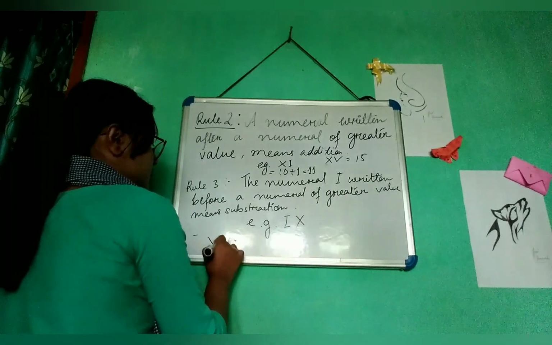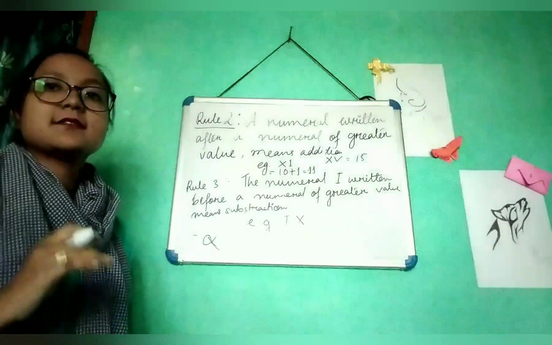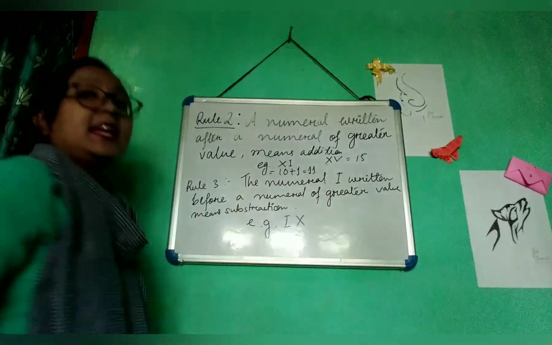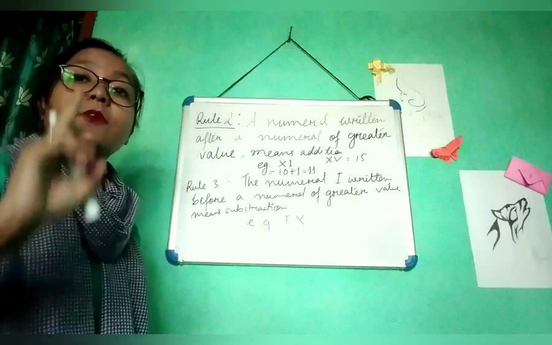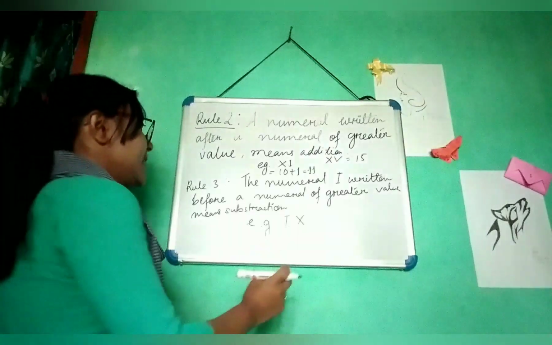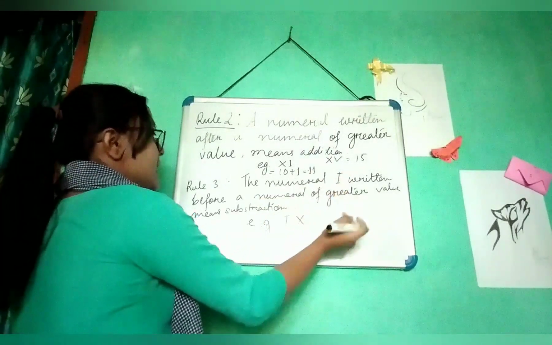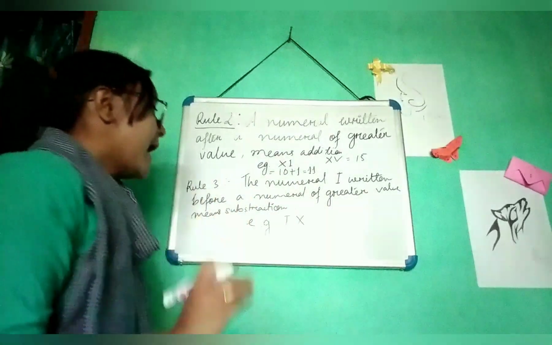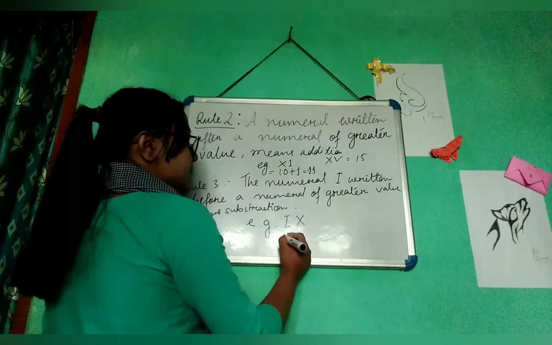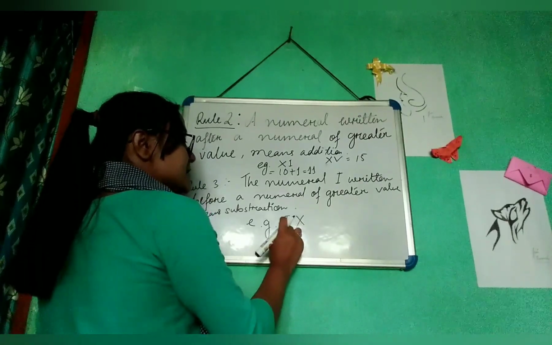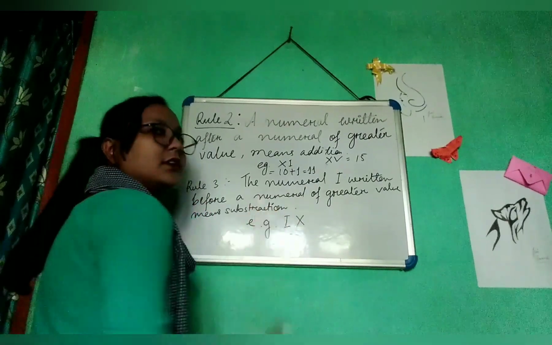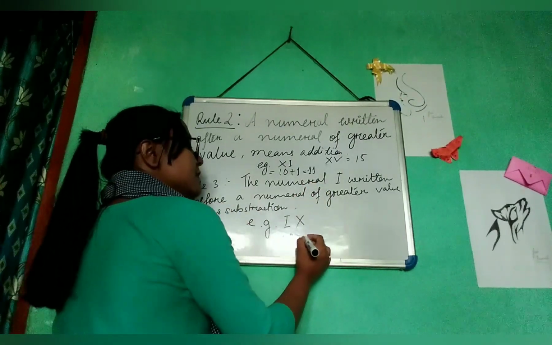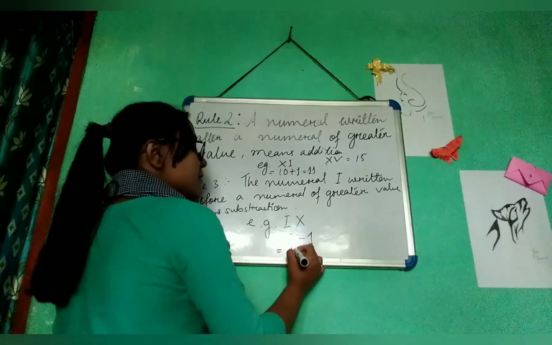It will be completely wrong. That's why they are giving numeral I. If the numeral I, whose value is 1, is before this number, it means minus. X means 10, but as the I is before the greater value number, it means minus. So 10 minus 1 is 9.